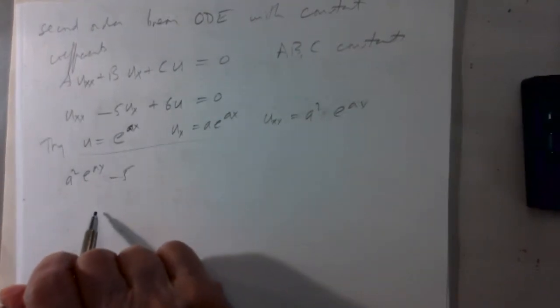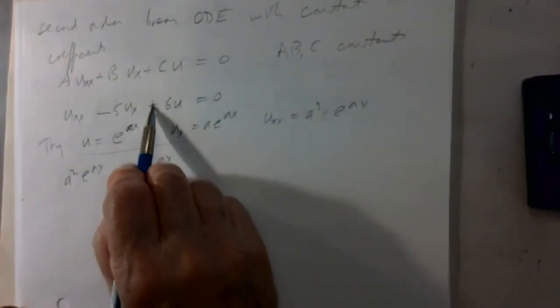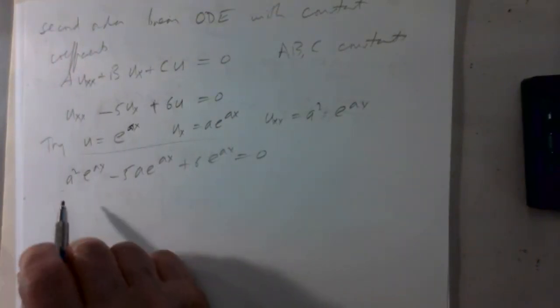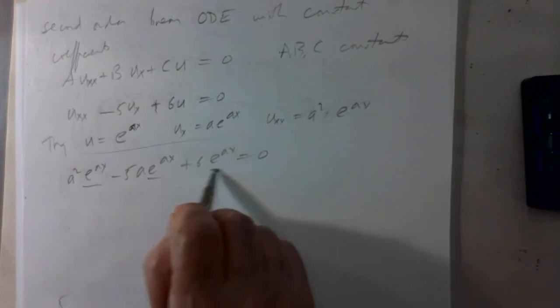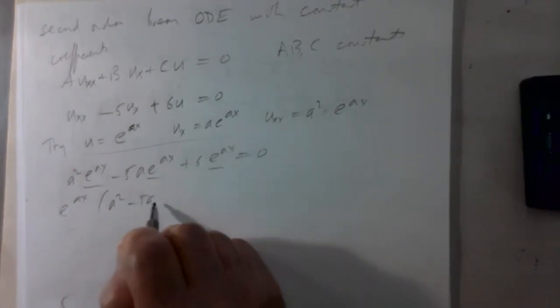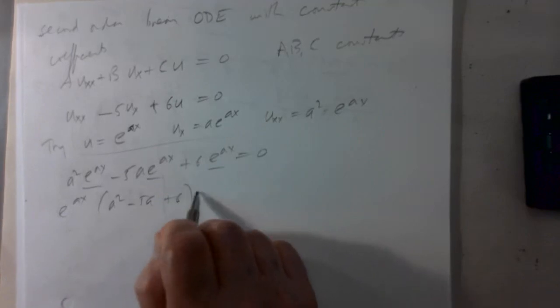Now, if you plug this into the equation, what do you get? You get a squared e to the ax minus 5a e to the ax plus 6e to the ax equals 0. So is there a number a that satisfies this equation? I can factor e to the ax out. I get e to the ax times (a squared minus 5a plus 6) equals 0.